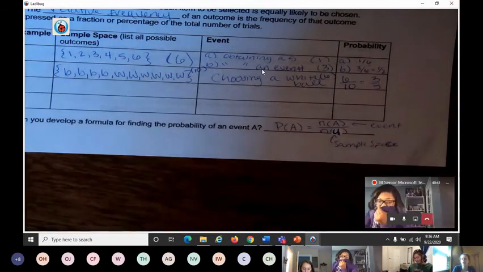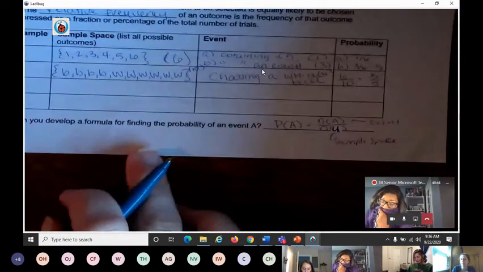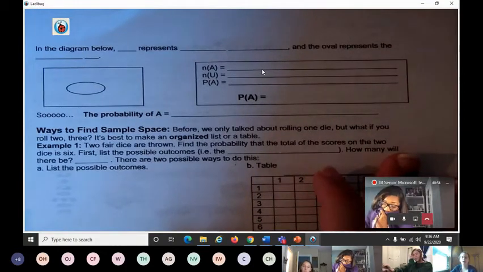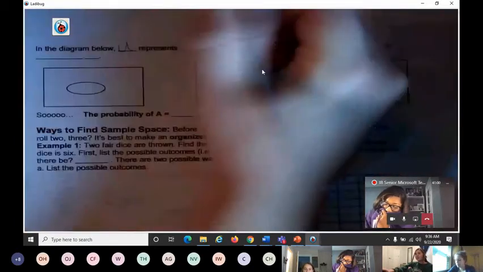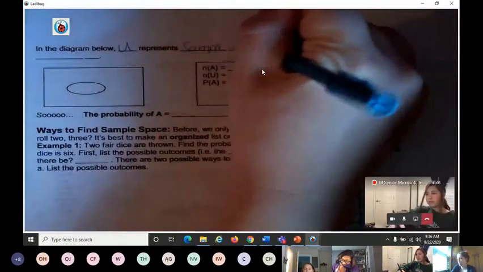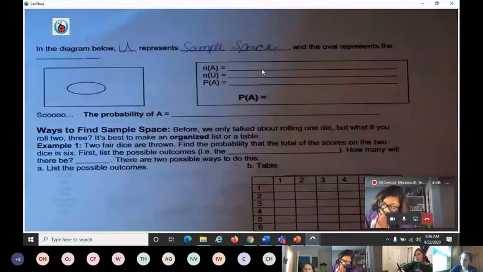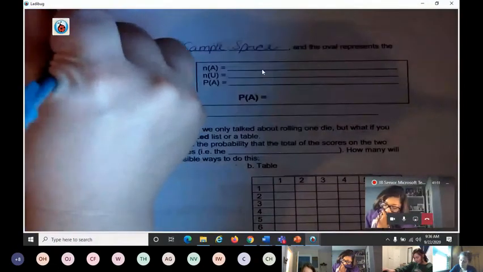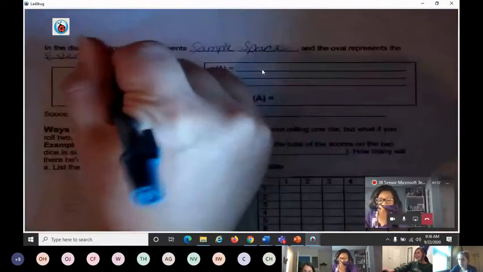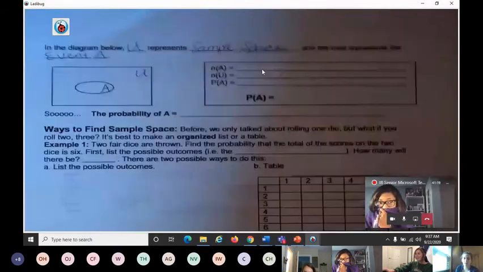Okay, so I'm going to flip this over unless somebody desperately needs it. Starting at the top, we have a diagram, and we're going to show how it represents our different scenarios. So U is going to represent our sample space, and the oval represents the event A. Our U is our sample space, everything that can possibly happen.